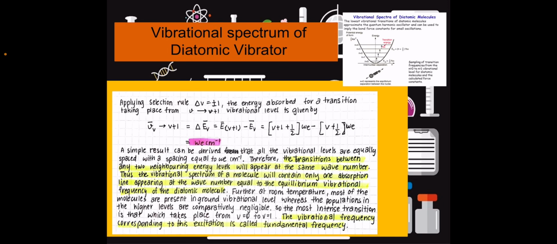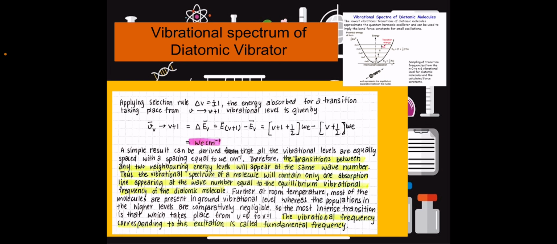Vibrational spectrum of diatomic vibrator. Applying selection rule delta nu is equal to plus 1, the energy absorbed for a transition to take place from nu to nu plus 1 vibrational level is given by this equation, and we get omega e centimeter inverse.